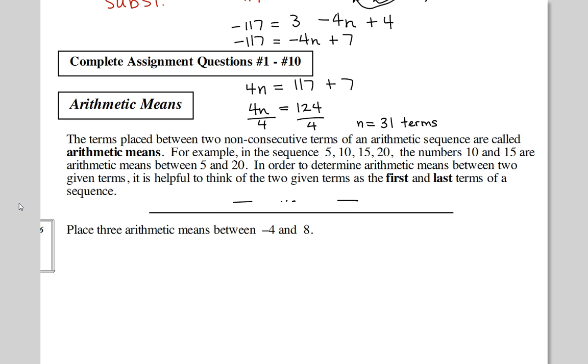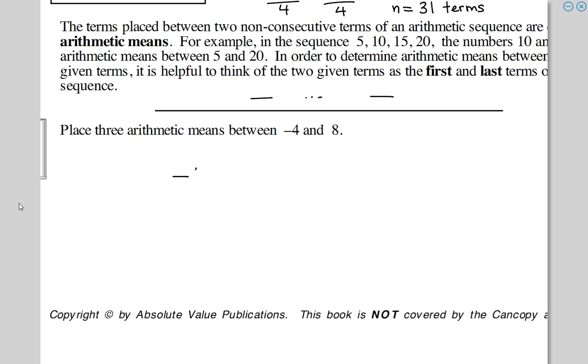Place 3 arithmetic means between -4 and 8. So it's like, okay, how many jumps to get to 8? 1, 2, 3. Would you have to do 4 jumps? 1, 2, 3.